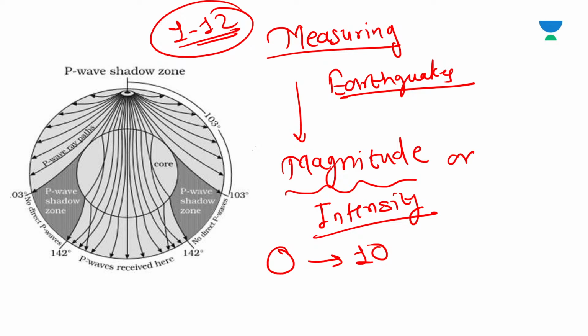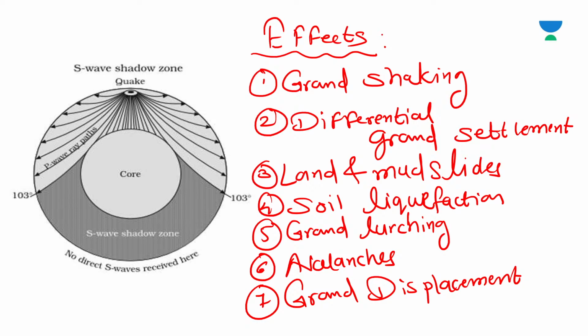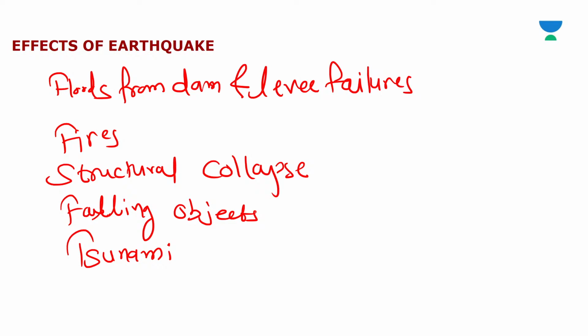Then we have covered measuring earthquakes, the Richter scale. Then we have discussed the effects of earthquakes like ground shaking, differential ground settlement, landslides, mudslides, soil liquefaction, ground lurching and avalanches, ground displacement, floods from dam and levee failures, fires, structural collapse, then falling objects, tsunami.